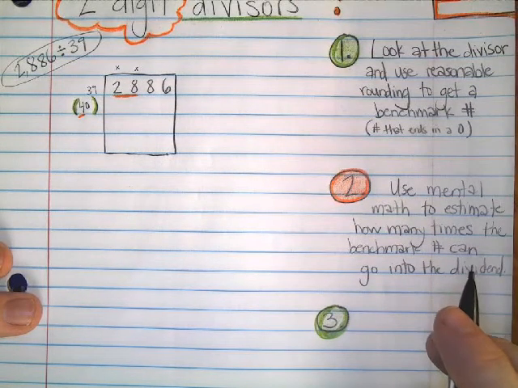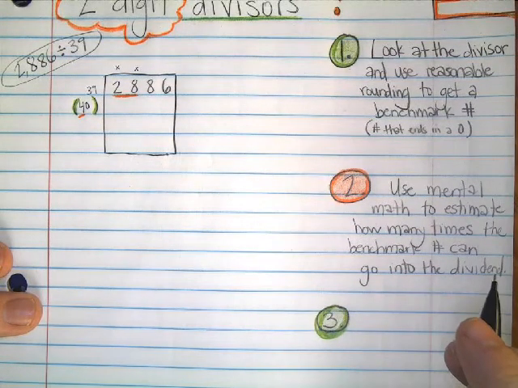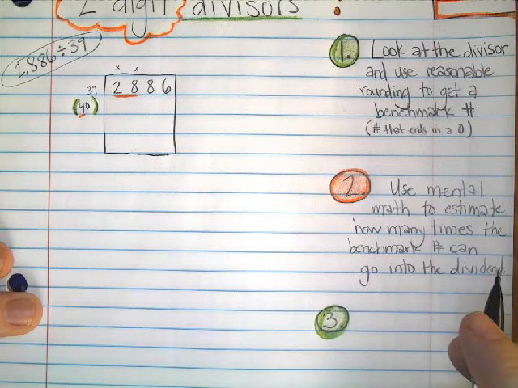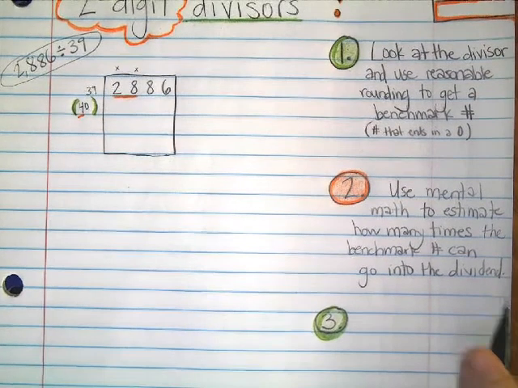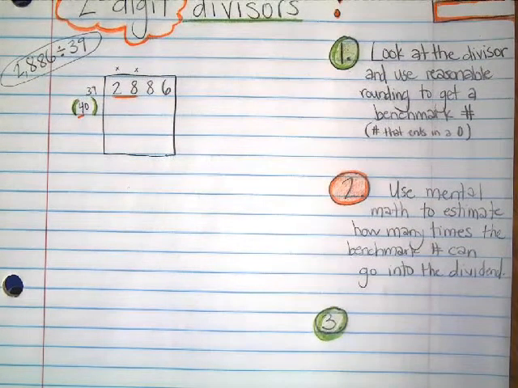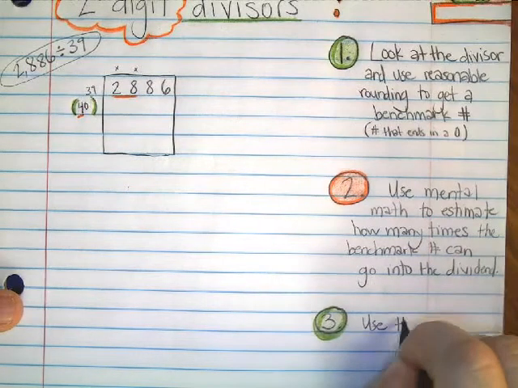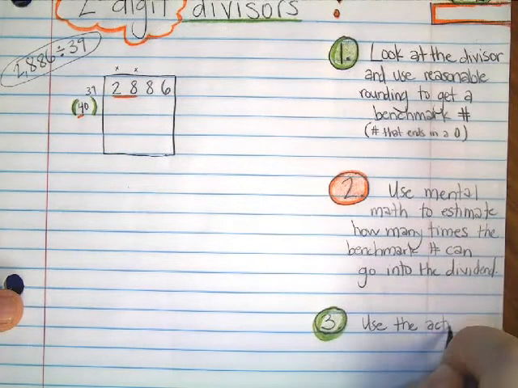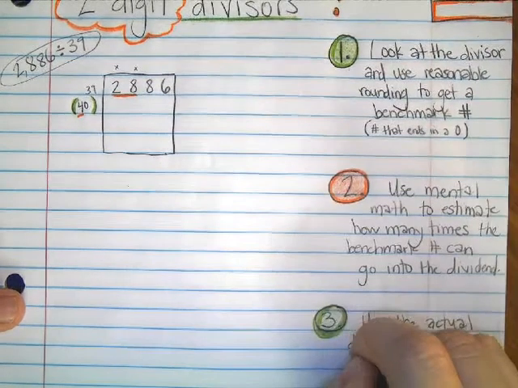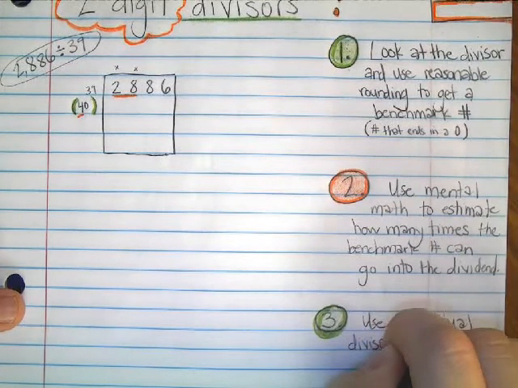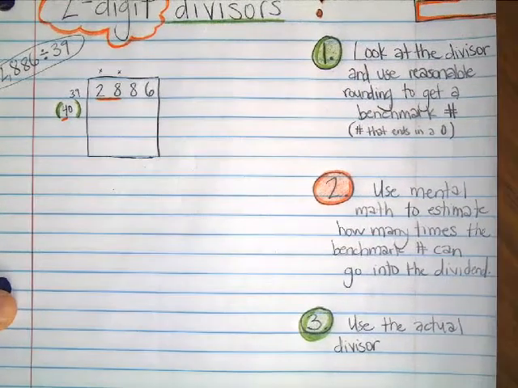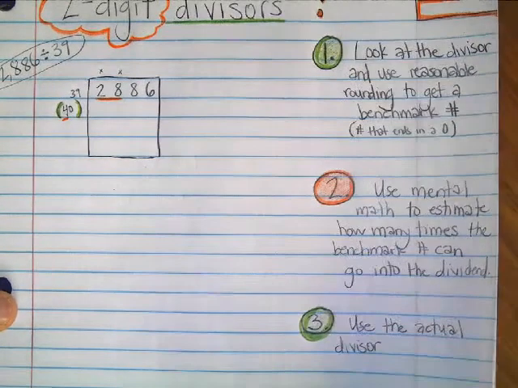Step number 3 is do normal division steps after finding the closest estimate. I actually want to be really specific on this. Use the actual divisor, not the rounded one, the actual one.